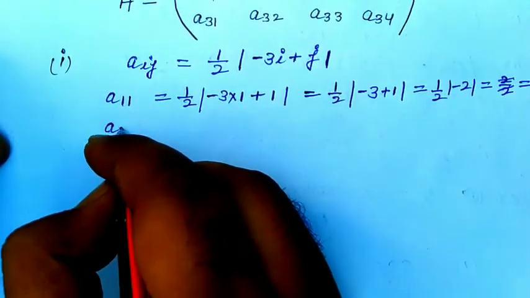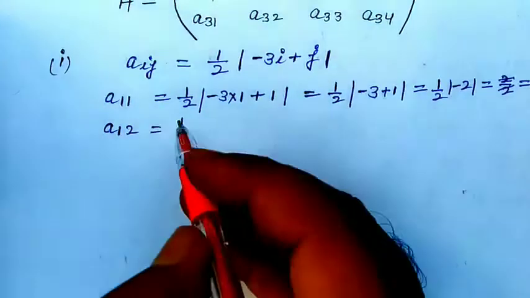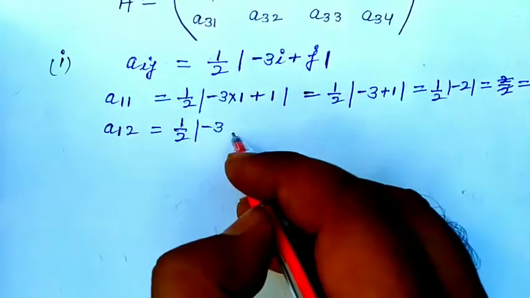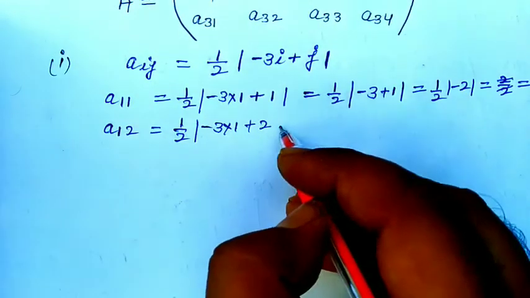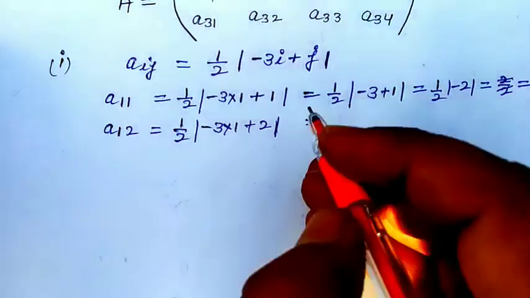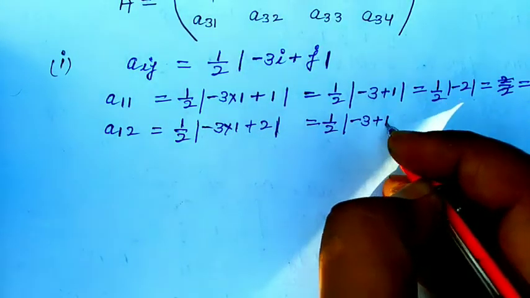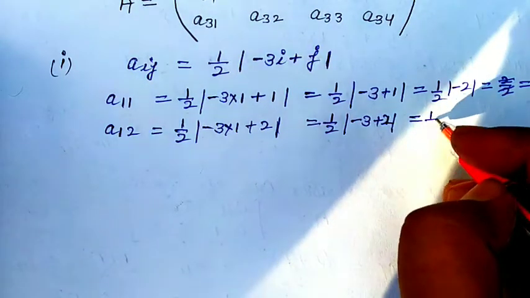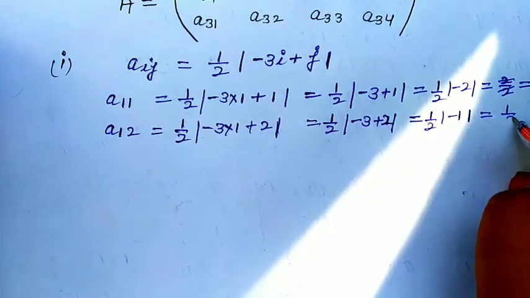Now next we will find A12. We put 1 in place of i and 2 in place of j. So we get 1 over 2 modulus of minus 3 plus 2, which is minus 1. So 1 over 2.